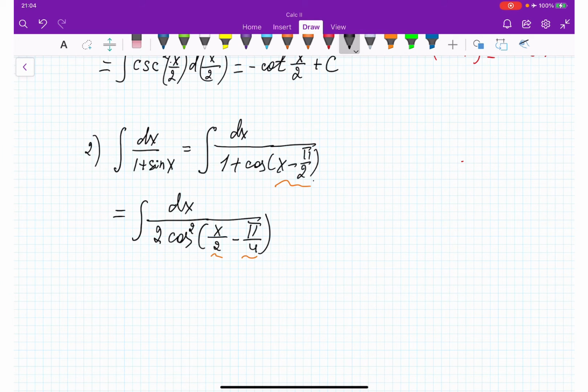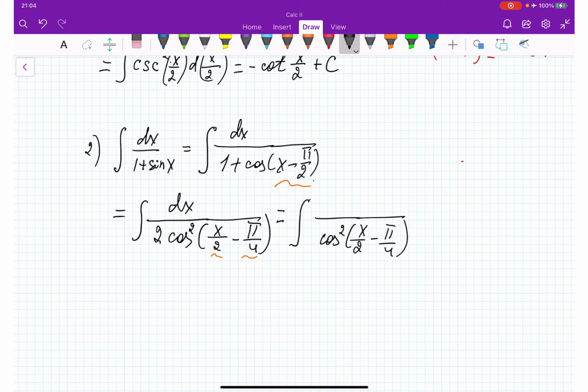So this is going to be equal to the integral of cosine squared of (x over 2 minus pi over 4) dx. I want to have x over 2 minus pi over 4 in the differential also.